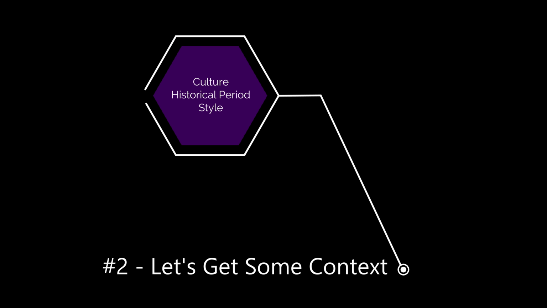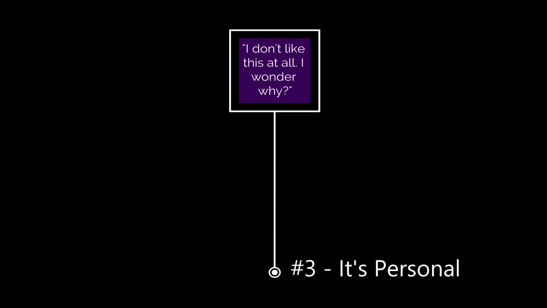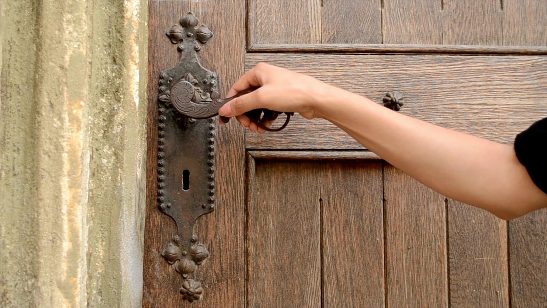They can go into the historical context of the piece, so the specific culture or time period where it was created, or it can even be your own personal reaction to this artwork. Do you love it immediately the first time you see it? Do you hate it? Do you have a very strong emotion that you can't quite identify? All of these elements are going to be ways that you can enter the story of the composition.